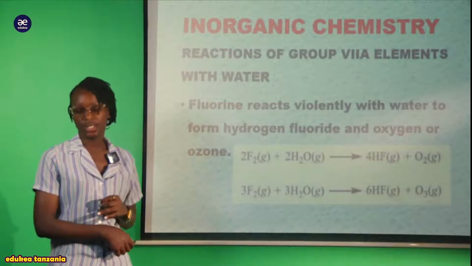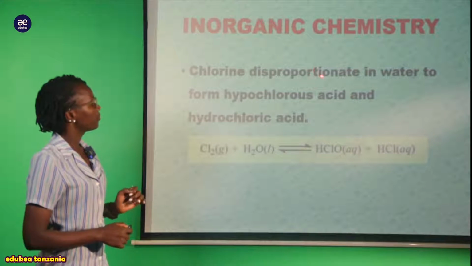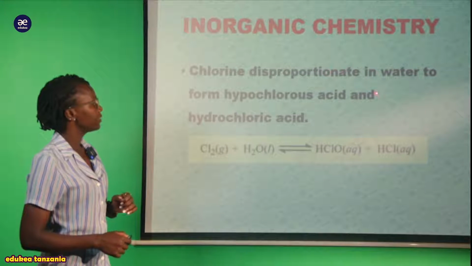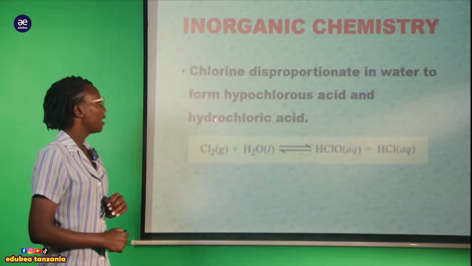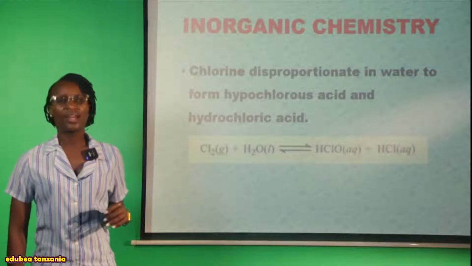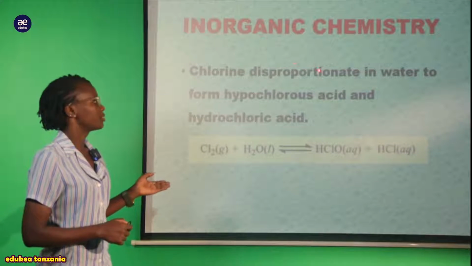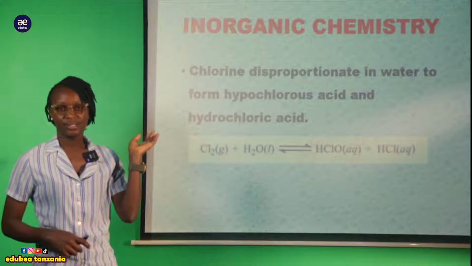This reaction zinajionyesha hapa. So chlorine disproportionates in water to form hypochlorous acid and hydrochloric acid. Tutaenda kuona nini maana ya hii disproportionation reaction, kwamba huyu chlorine ana undergo hii properties.